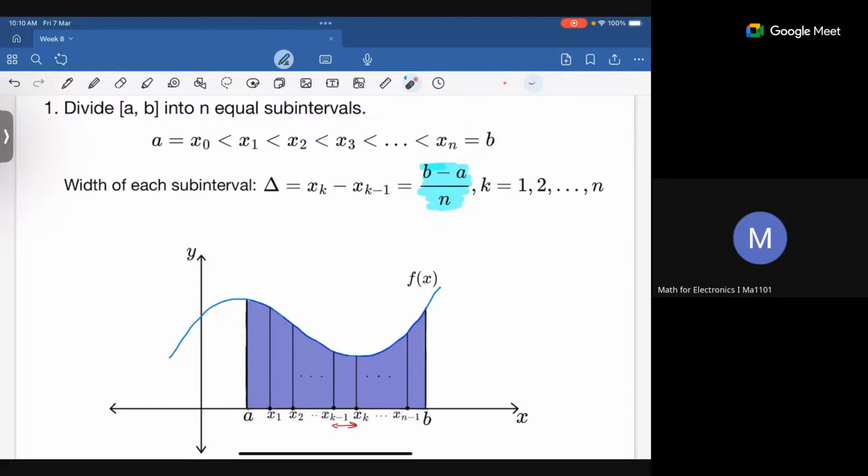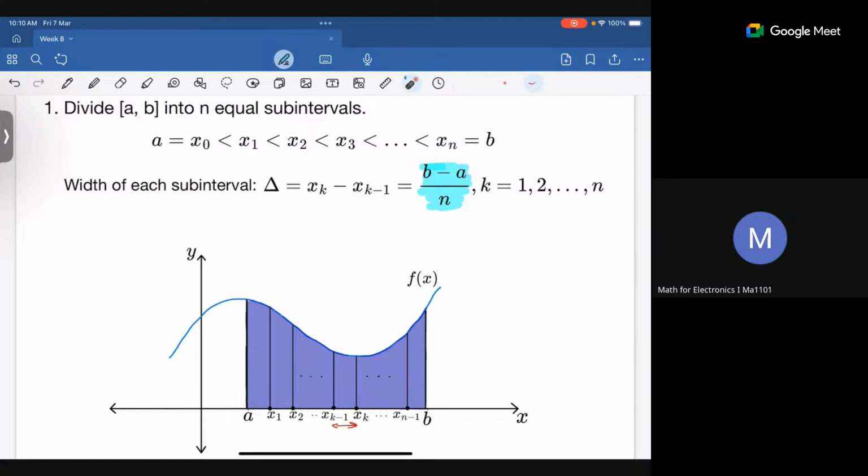So like this, if you are dividing the interval into n intervals, n can be any number, right? This n can be 10, 20, 30, 40, 50, whatever. But as you increase n, what will happen? The length of each interval will reduce.